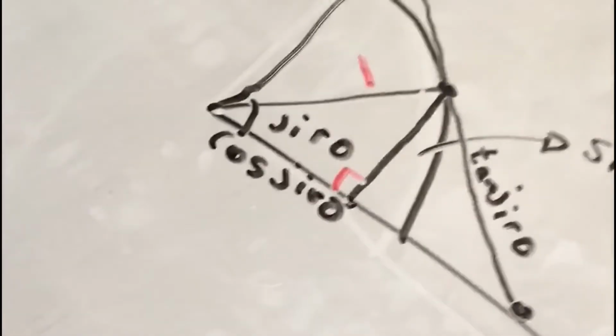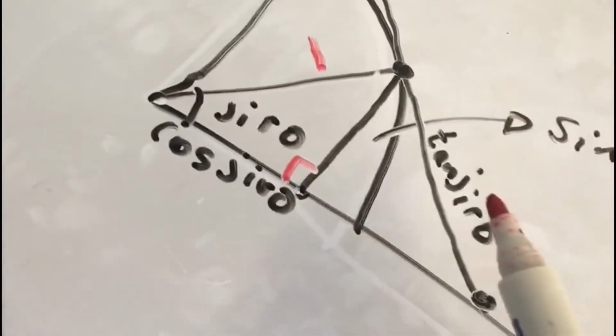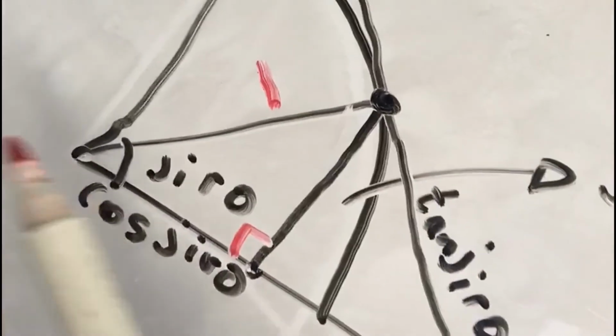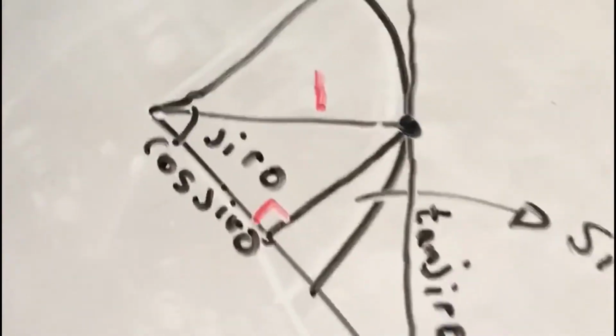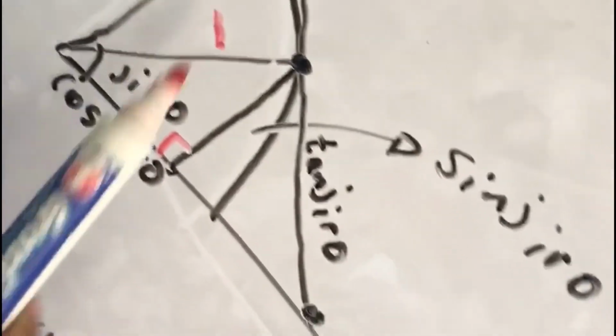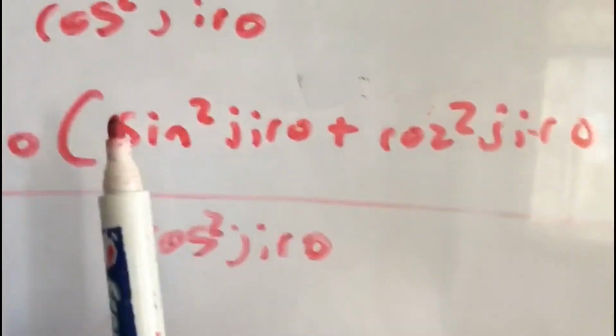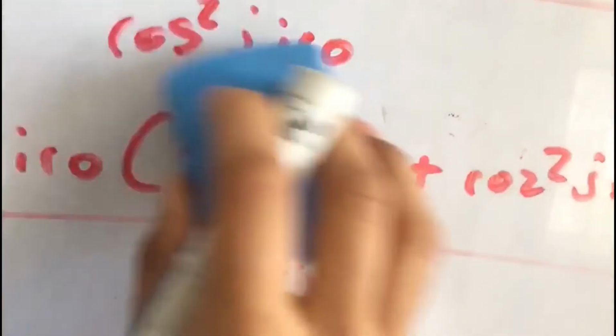So now we have confirmed that cos squared Jiro plus sin squared Jiro is 1, because these two lengths are perpendicular to each other, and we have a hypotenuse. So that means the Pythagoras theorem: cos squared Jiro plus sin squared Jiro equals 1 squared, which is just 1. So we can replace sin squared Jiro plus cos squared Jiro with 1.